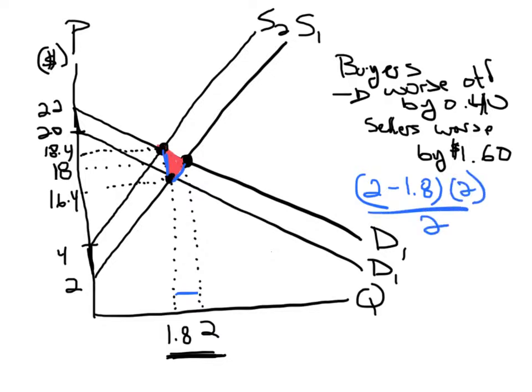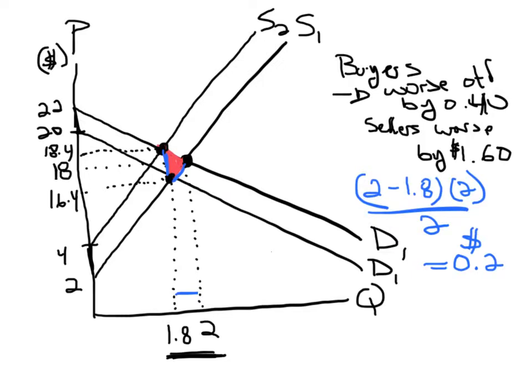That way, pretty easily, we can get the deadweight loss of this particular tax in this market. All right, so using a little geometry, we can get that. So in dollar terms, the deadweight loss in this market is going to be equal to 0.2.